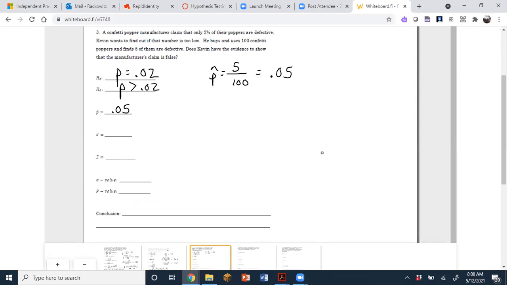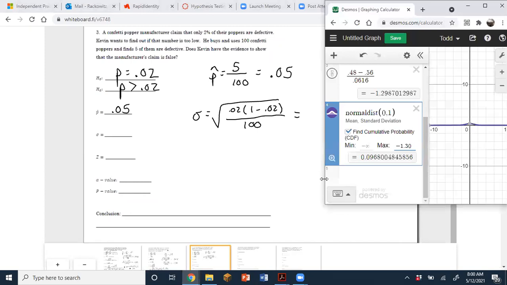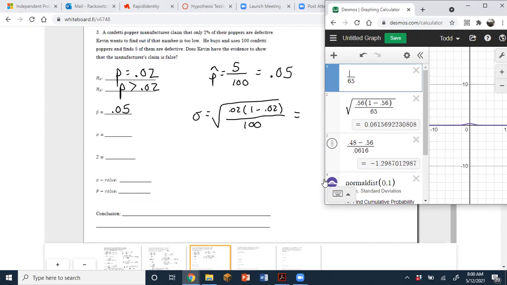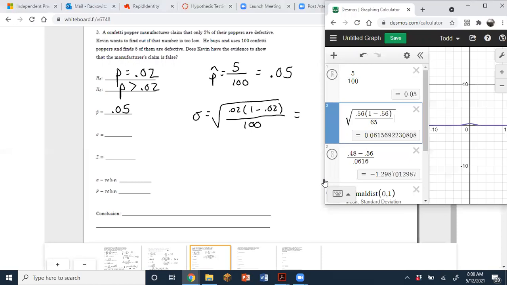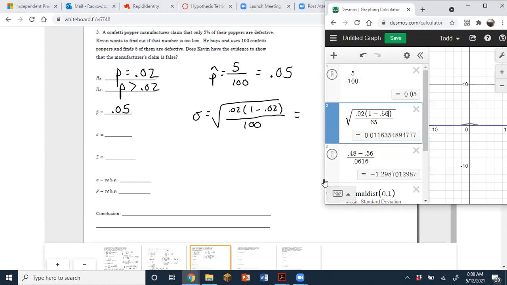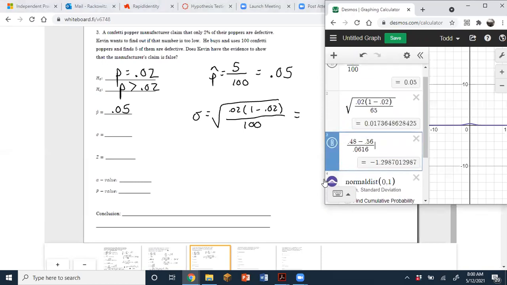Standard deviation, that's that square root of 0.02 times 1 minus 0.02, over the 100. That I need a calculator for.